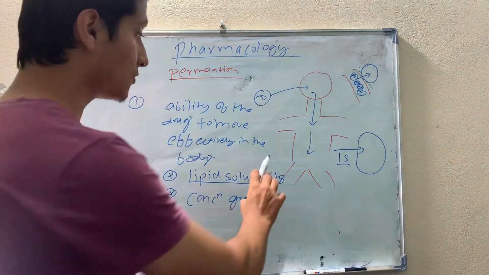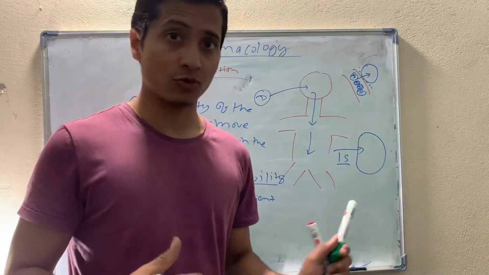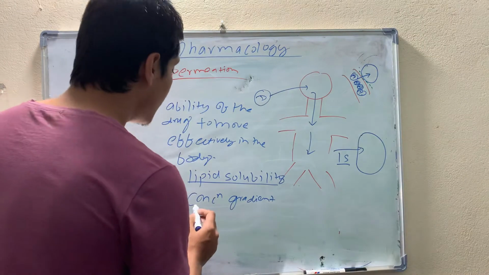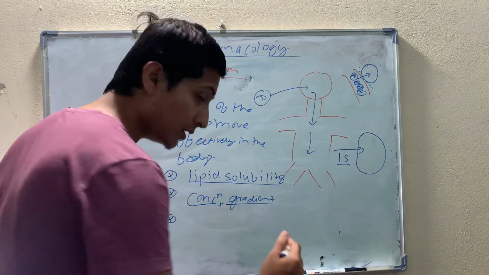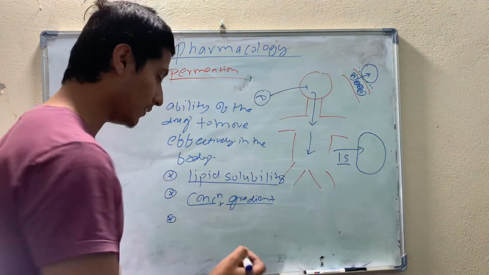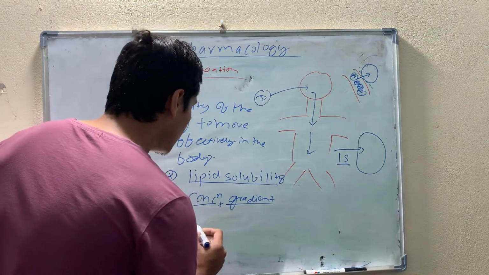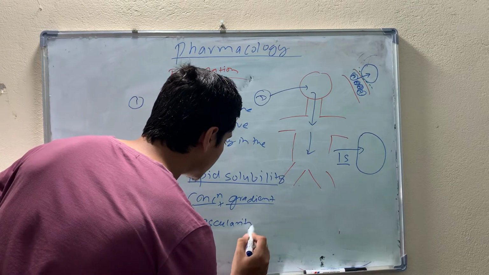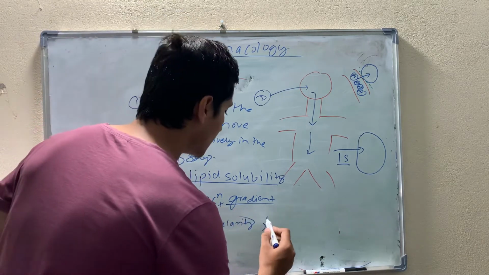These are two important high yield points that are going to be tested in the exam. Now the next one, important but not as much as these, is vascularity and surface area.